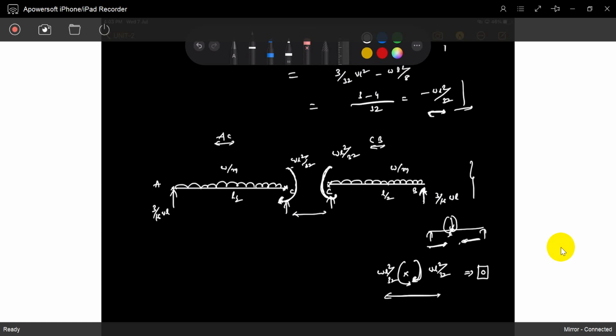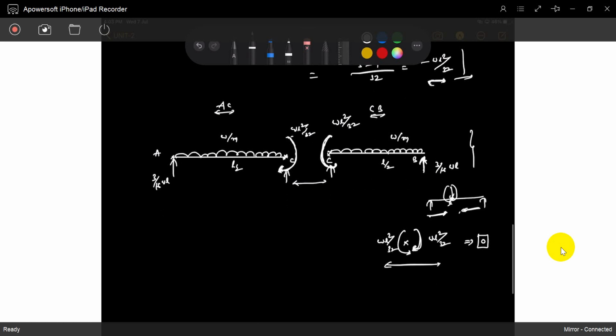Okay? So if you observe it, what is the reaction at C with respect to B, and with respect to A? What is RCB? You can just take the total vertical load. Total vertical load is what?